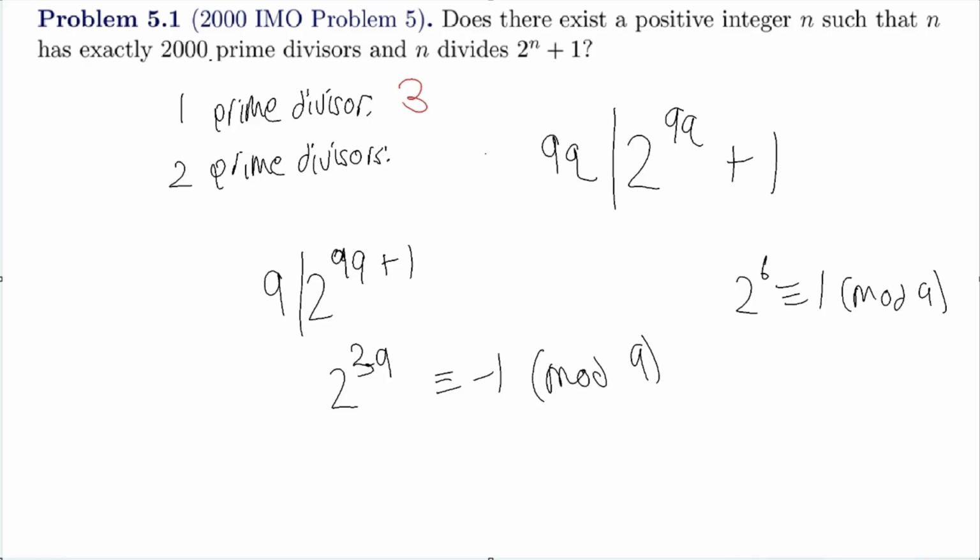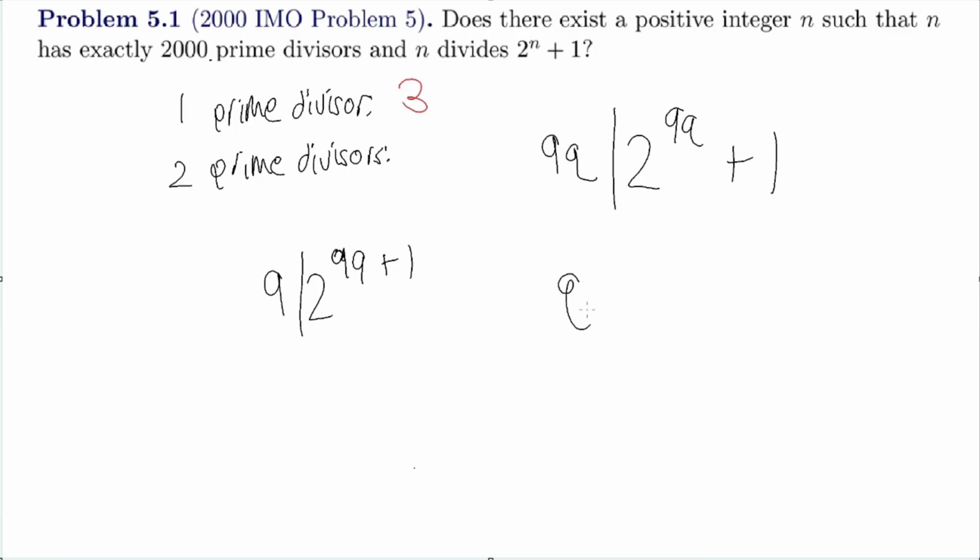But wait, because q is odd, that means that we know that this is either going to be 3 or 0 mod 6. And we can just eliminate all the other factors of 6 by using this. So it's either going to be 3 or 0 mod 6. But because q is odd, that requires it to be 3. So we get this is equivalent to 2 cubed, which is equivalent to negative 1 mod 9. And this is true. So now we just have to deal with the case that q divides 2 to the 9q plus 1.